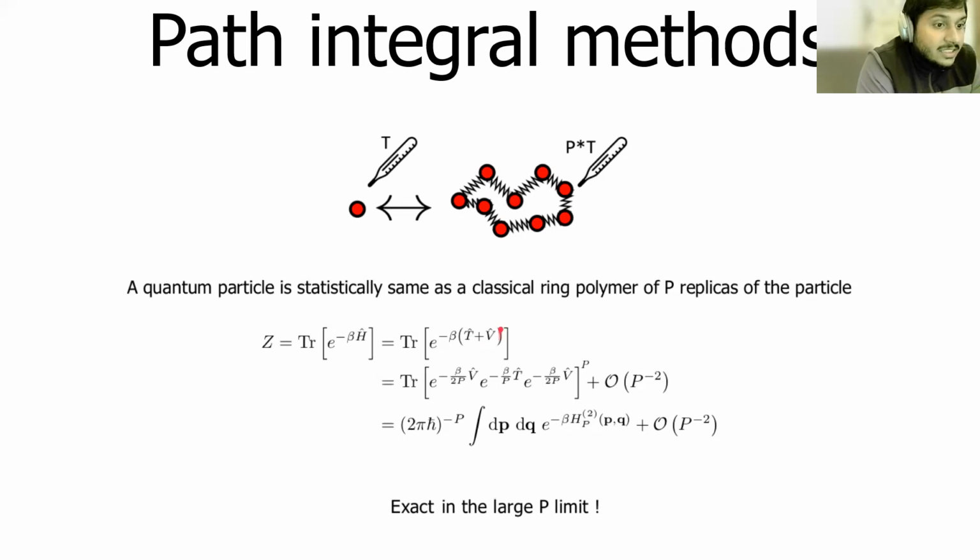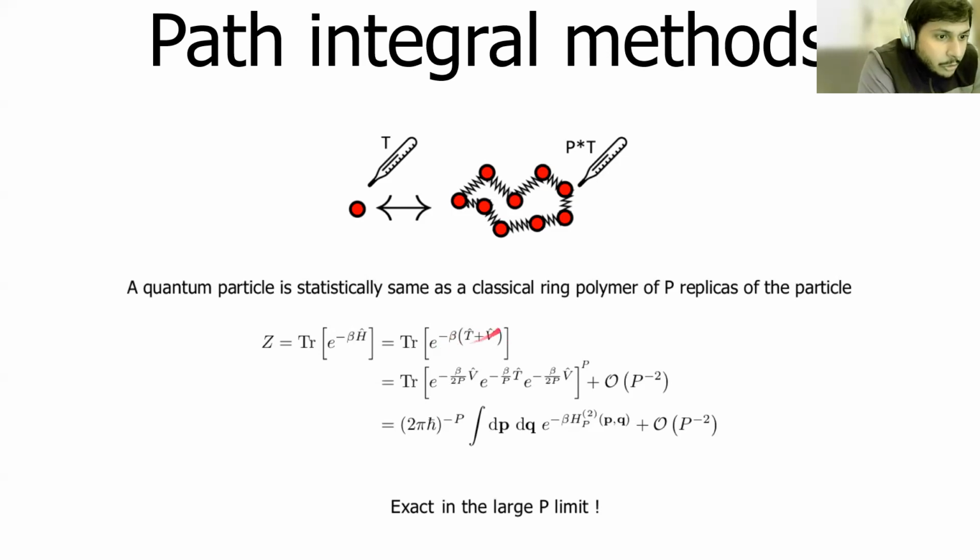So you cannot write this simply as exponential of minus beta T times exponential of minus beta V. If you could do that, you would be able to work in the eigenstates of the position basis, which would be much simpler. But you can't, because T and V do not commute, which means that if you write it as exponential of minus beta T times exponential of minus beta V, or the other way around, you would get different results. So this is not a unique way of writing it.